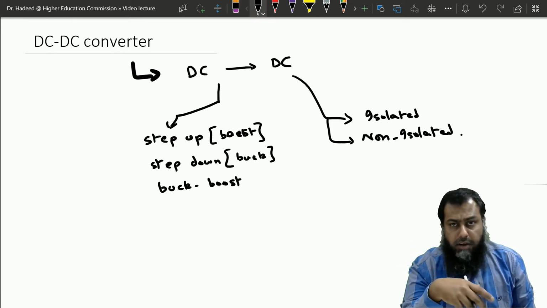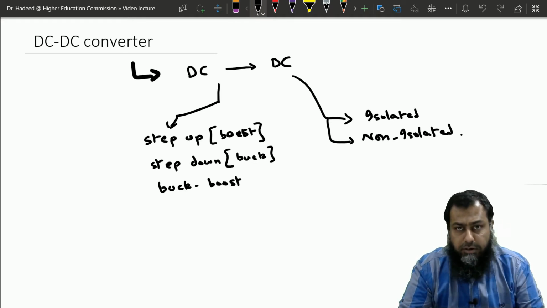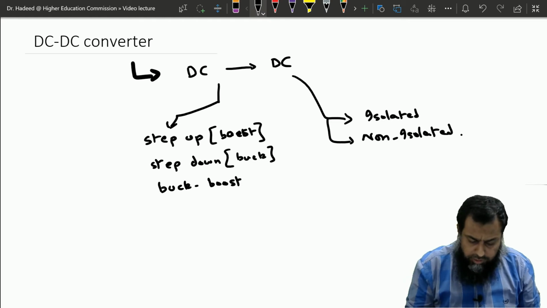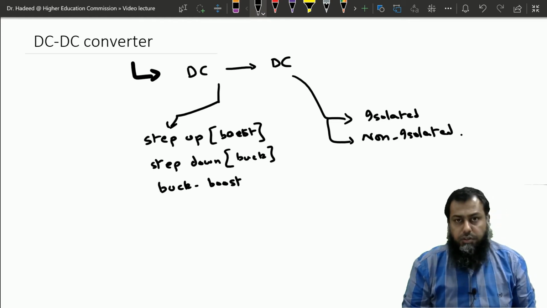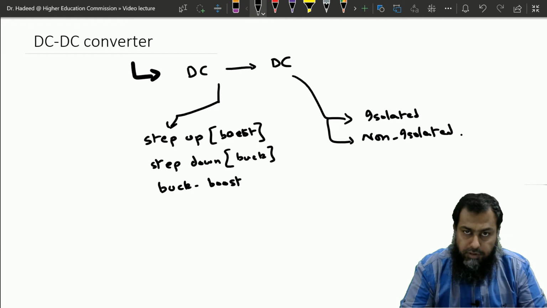So they have a high gain, and consequently some of them have a higher number of components. Some of them may have more than one switch, with coupled inductors and capacitors. So DC to DC converters for this particular course shall deal with the very basic types of converters that usually form the bottom line for future understanding and future research in the field of DC to DC converters. So let us start with the topic.